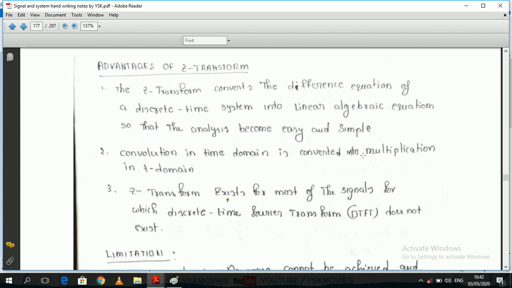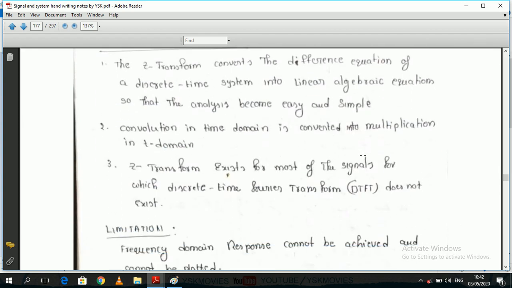Advantages of the z transform. See, the z transform converts the difference equation of discrete time systems into a linear algebraic equation, so that analysis becomes easy and simple. Okay. See, by using the z transform, we are converting them into the z domain, right?